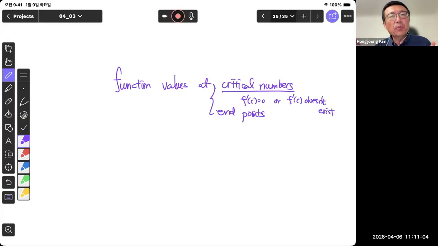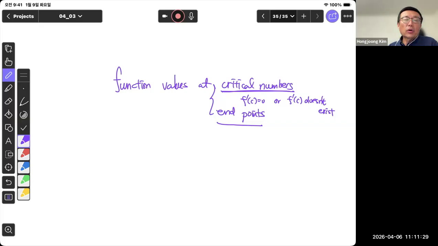You find such points and find the values of the function there. So if you get these critical numbers and if you evaluate your function values at two endpoints of the interval, among these, the largest value is the global maximum. The smallest value of these will be the global minimum, right?